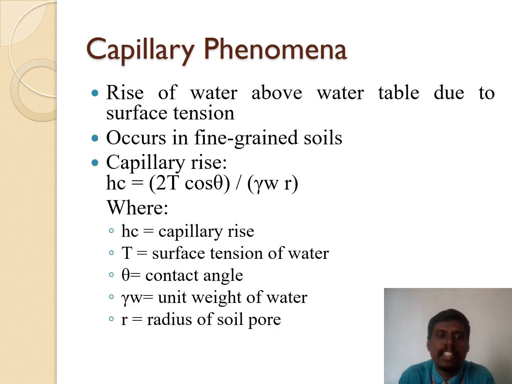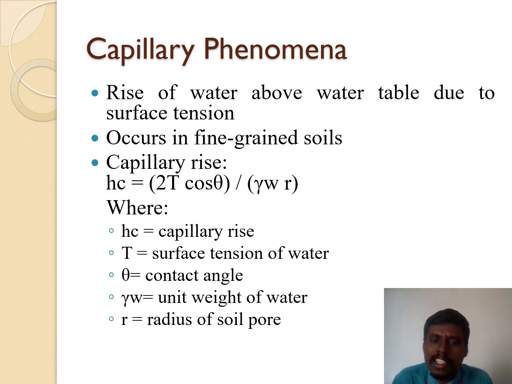The next thing is the capillary phenomena. We already discussed the capillary water. Capillary water means the water infiltrates or permeates the soil pores by means of capillary action. This is the rise of water above the water table by the function of surface tension.